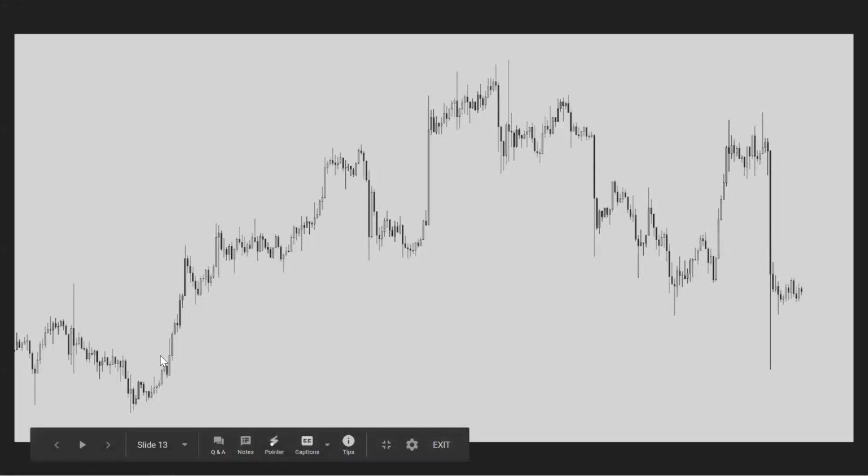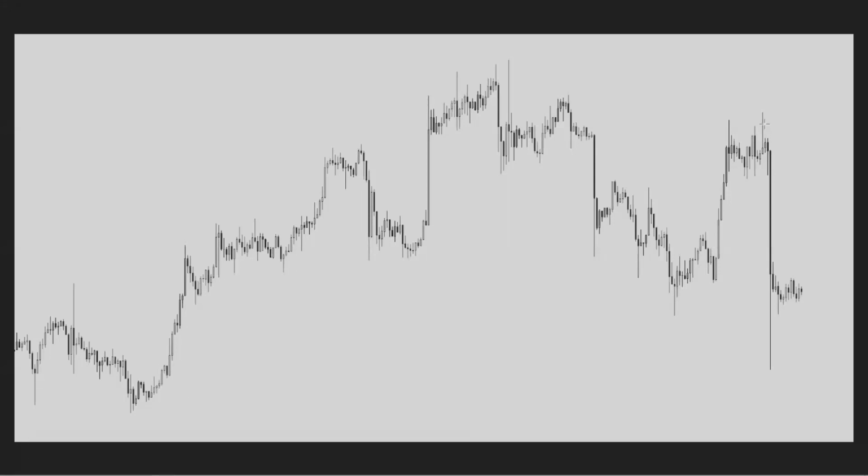So there's a lot going on here. The first thing to note is that you've got a significant break in market structure here. Okay, there was a lower time frame break in structure there.